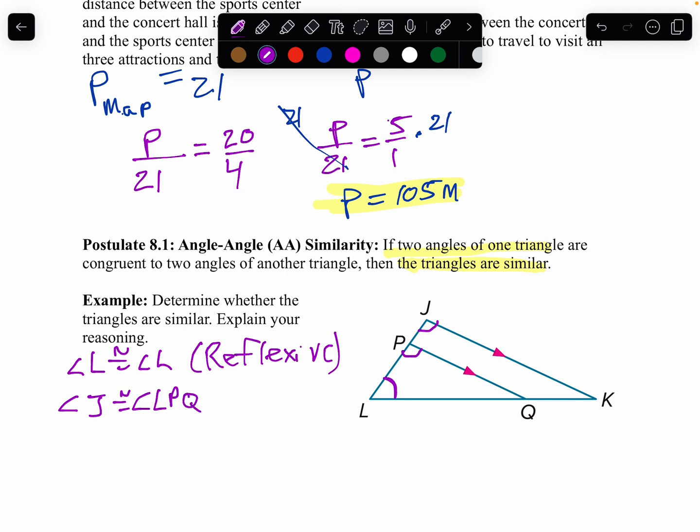And that's because they're alternate interior. No, they're not alternate interiors, sorry. They're corresponding angles. They're in the same parts of the diagram. So I've got two angles. Notice I would know angle K is congruent to angle PQL for the same reason, but that's all I have to say. So the reason these two triangles are similar is angle.